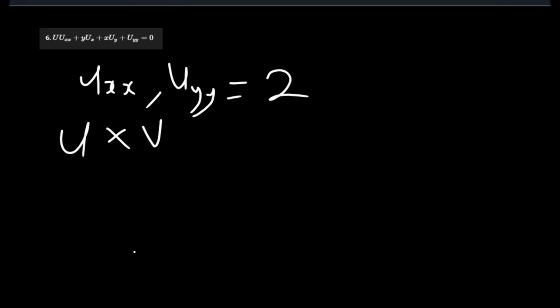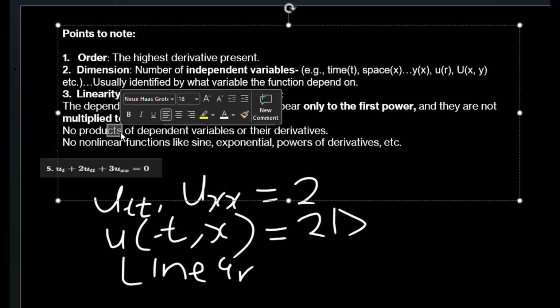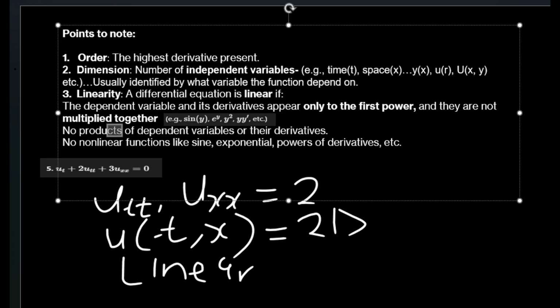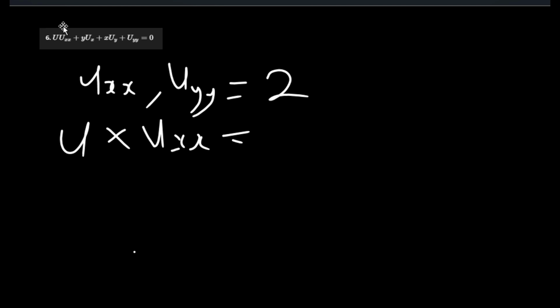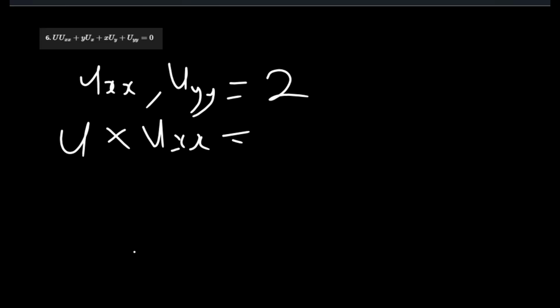Okay, now let's look at the linearity. We could see that there's a product of the dependent variable and its derivative. There is a product, so we could see that this equation is not a linear equation. That's the linearity.